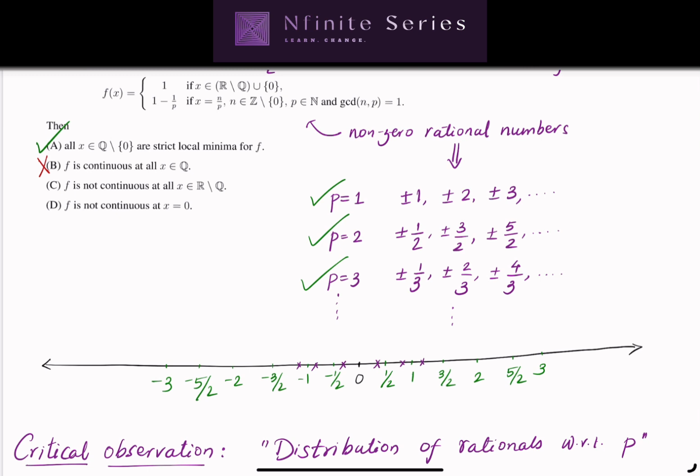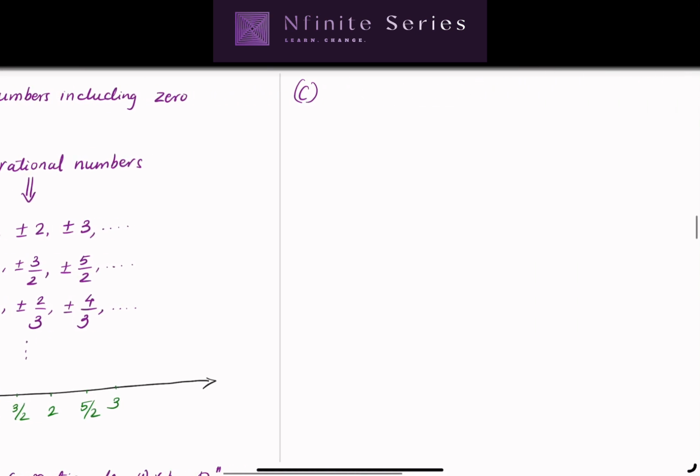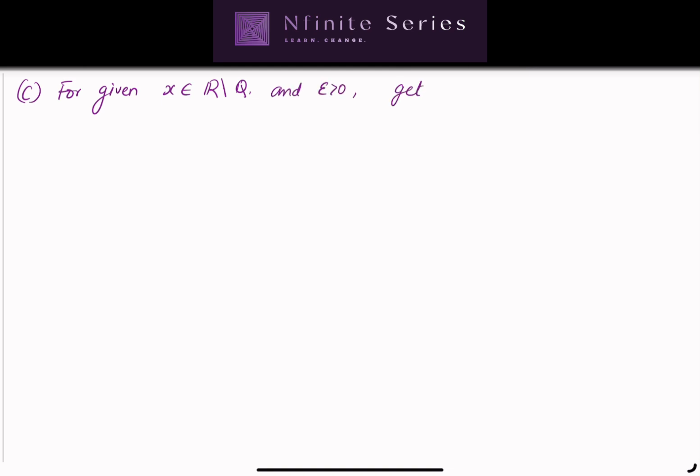Now option C says that f is not continuous at all irrational numbers. Let us disprove that. We shall prove that it is indeed continuous at irrational numbers. For that, let us consider any irrational number x and an epsilon positive. By Archimedean property, we can get a natural number p naught such that p naught is greater than 1 by epsilon.